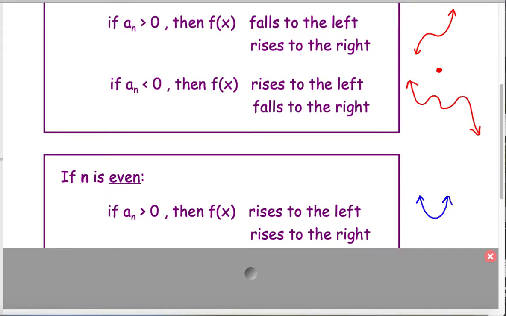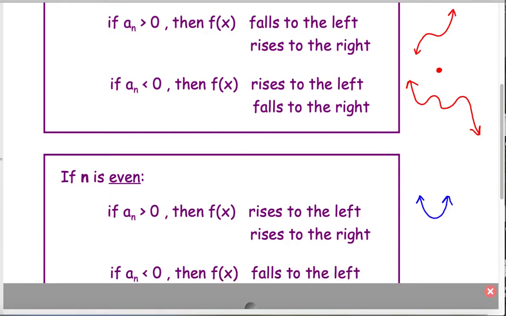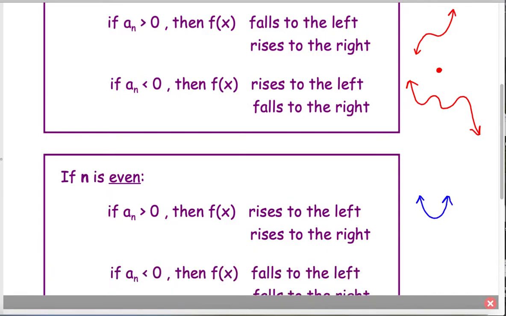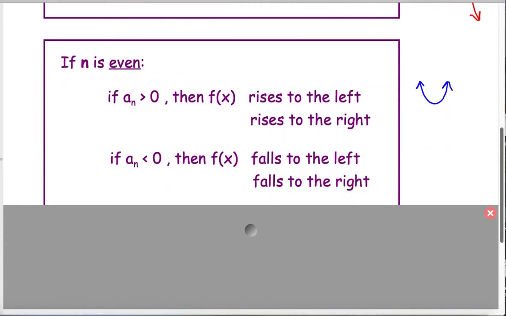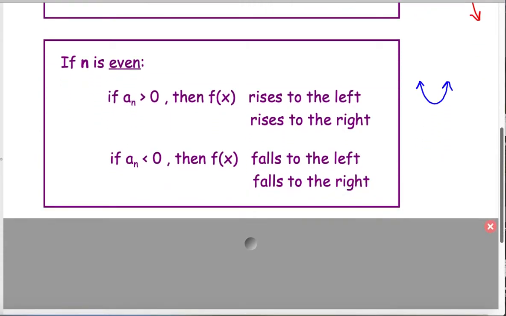It rises to the left, rises to the right. If that leading coefficient is negative, for an even-powered polynomial where the highest degree is an even number, then we might have something that looks like this. Our graph will fall as we go far to the left, and it'll fall as we go far to the right.